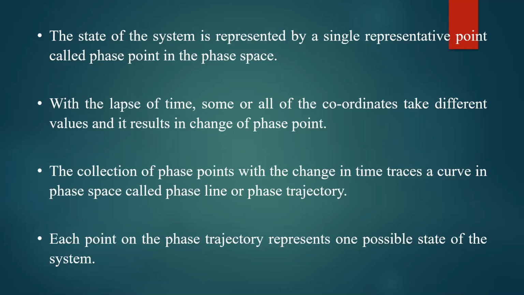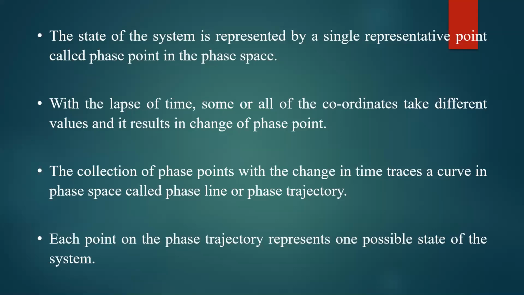So different phase points can be observed for a system with the lapse of time. As time increases, the phase point also keeps changing. Okay, the phase point will change continuously. So it will move from one point to another point in the phase space.